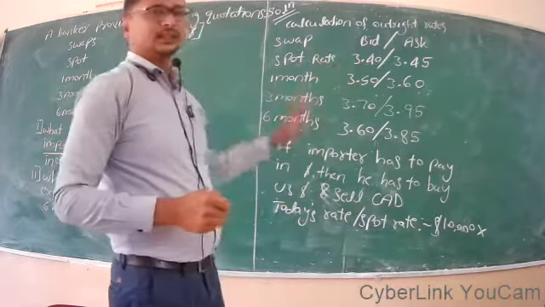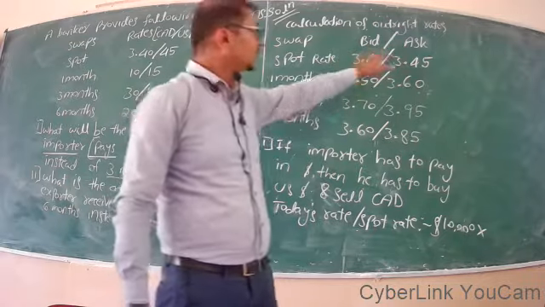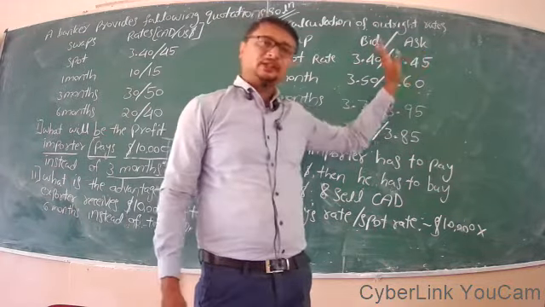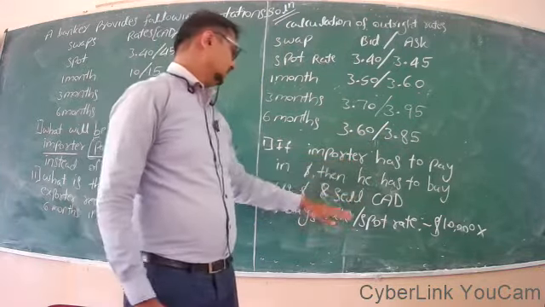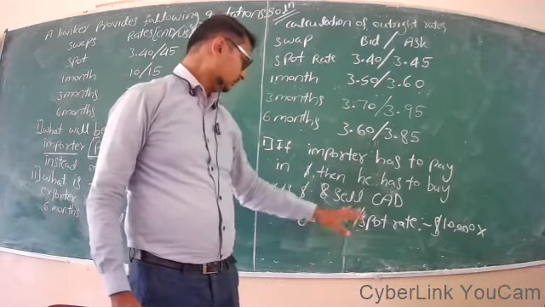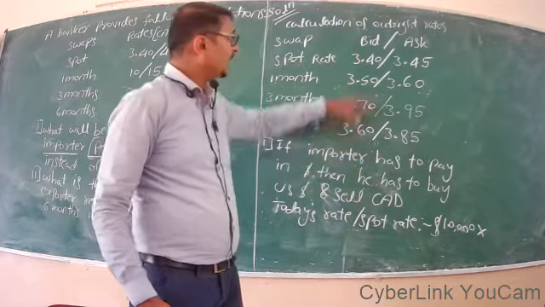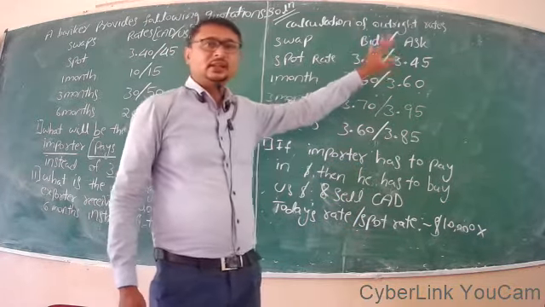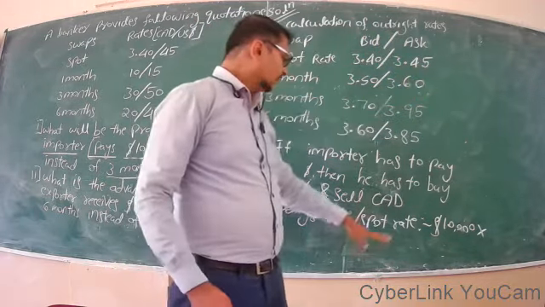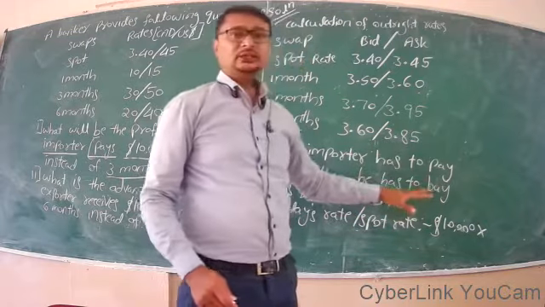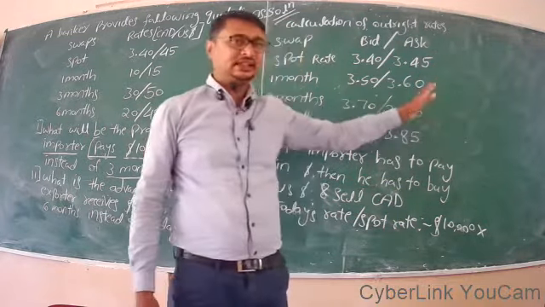So here are the quotations. Bid is the buying price of the banker and ask price is the selling price of the banker. The importer is the buyer of US dollar and the banker is the seller. So the banker sells at the ask price, right? So the importer has to buy $10,000 by paying the banker's ask price.